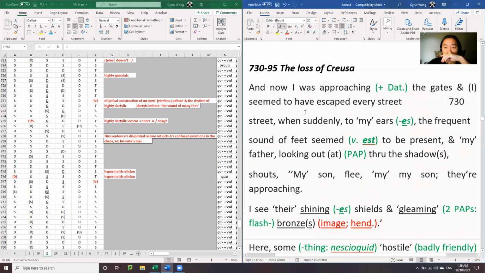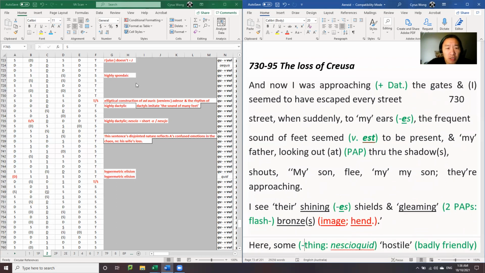Just to go above here, 731. 731, there we are. So very dactylic line here. It imitates the sound of many feet, so the Greeks in the vicinity, just pursuing. And elliptical construction just means there's a word cut out, like an ellipsis, dot dot dot.